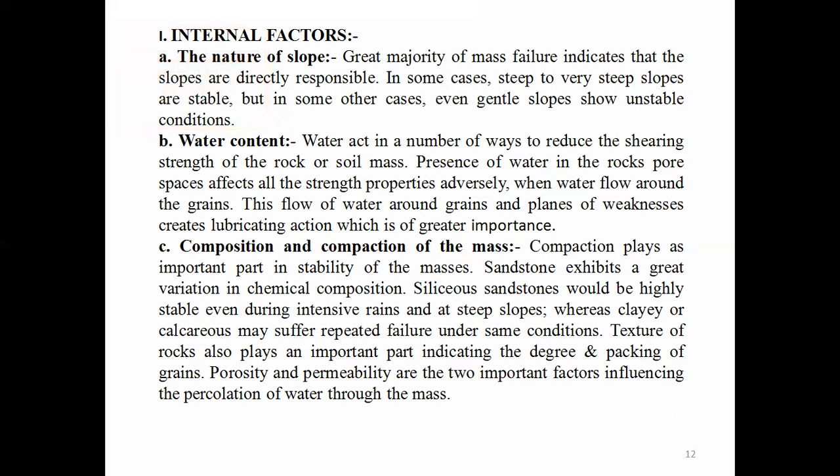In almost all cases, the slope plays a very important role. In some cases, steep or very steep slopes are stable, but in other cases even gentle slopes show unstable conditions. So this is one of the major internal factors.